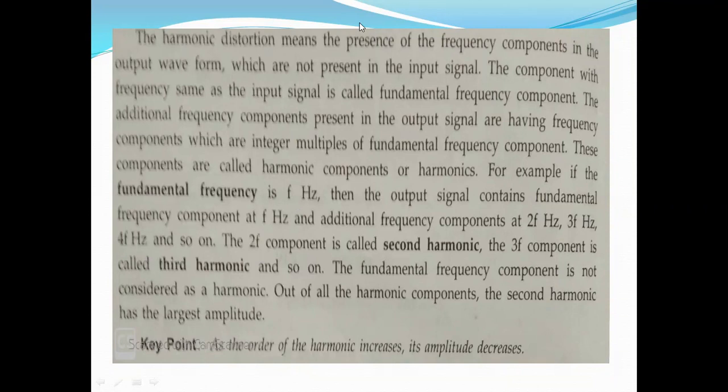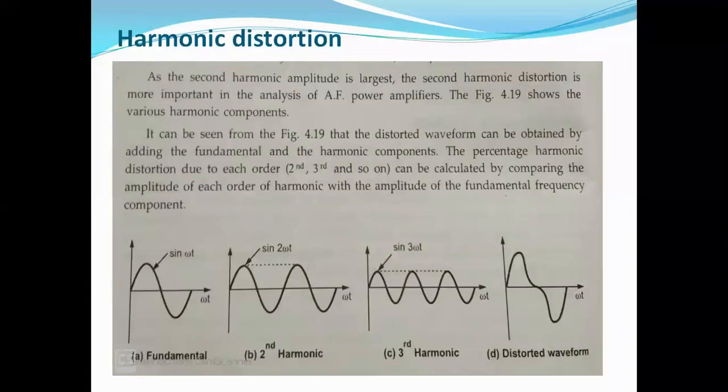As the second harmonic amplitude is largest, the second harmonic distortion is more important in the analysis part. Because of the second harmonic frequency, we may have the highest harmonic distortion. That's why we are calculating second harmonic distortion.